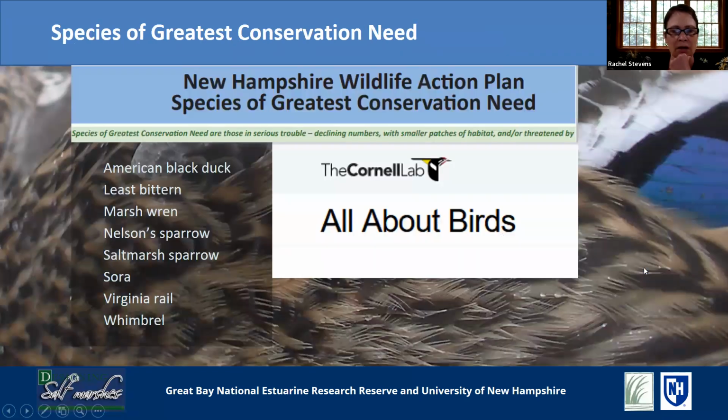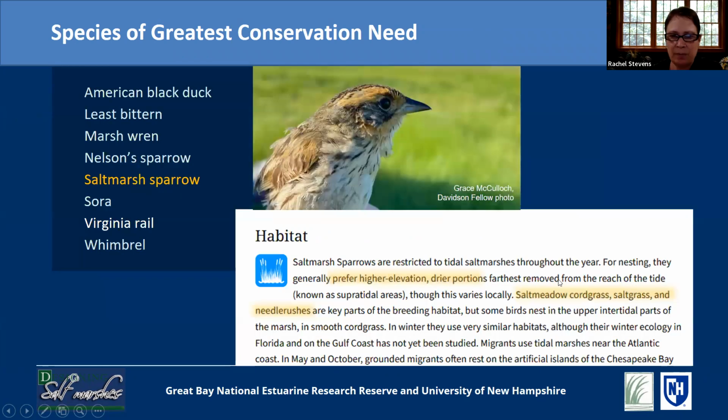But the sparrow is only one of 8 species of greatest conservation concern associated with salt marshes in New Hampshire. So looking at that list, we looked at Cornell's All About Birds for the habitat information, and this is just a little snapshot from that. The sparrow, again, they're highlighting that we need these large high marsh plateaus.